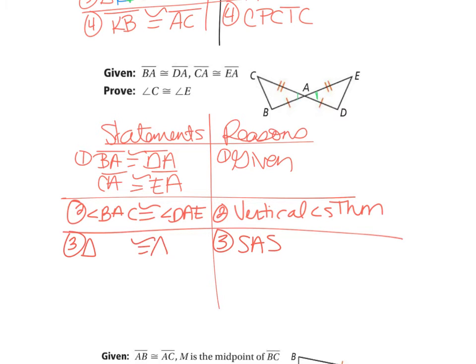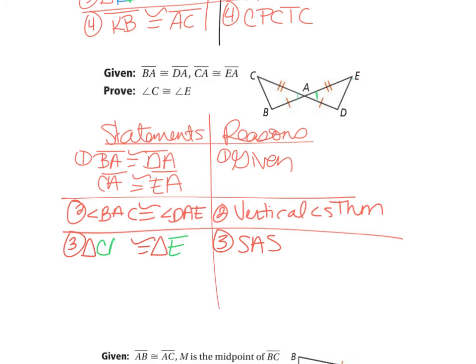Now I'm going to have the two triangles congruent. You have to slow down, okay? I'm going to start with my first letter, which is C. C's matching angle would be E. Then I'm going to do the middle.